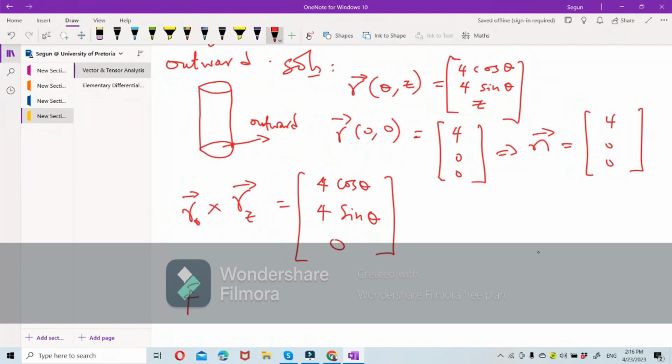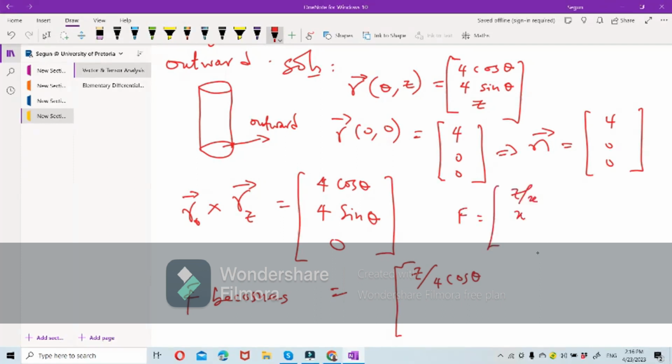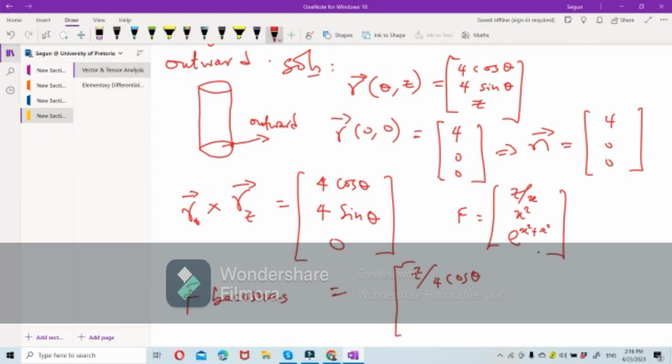Our f becomes, remember your f here, z over x, then x squared, then exponential of x squared plus z squared. So it becomes this. Then what is our y?